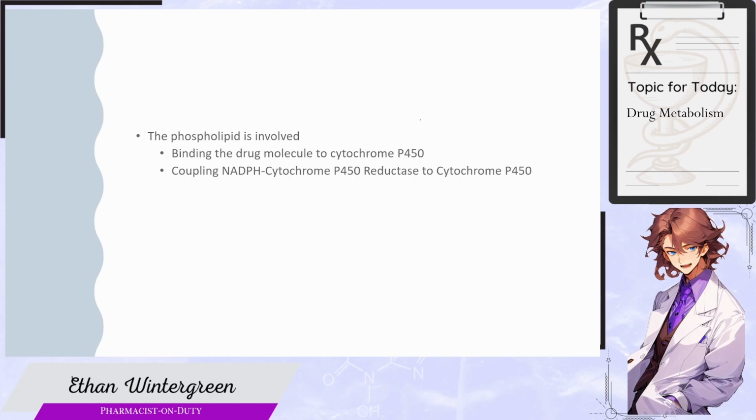The phospholipid is involved in 2 ways. It binds the drug molecule to cytochrome P450, and it couples NADPH cytochrome P450 reductase to cytochrome P450. So it binds the drug molecule and NADPH cytochrome P450 reductase to cytochrome P450.